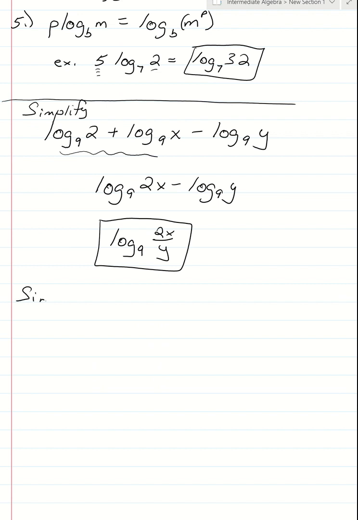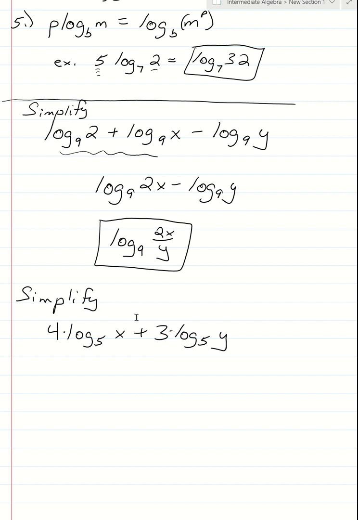Once again, we are looking to simplify. Let's say we have 4 times the log base 5 of x plus maybe 3 times the log base 5 of y. We want to simplify this logarithmic expression. Well, first let's eliminate the multiplication of 4 and the multiplication of 3.